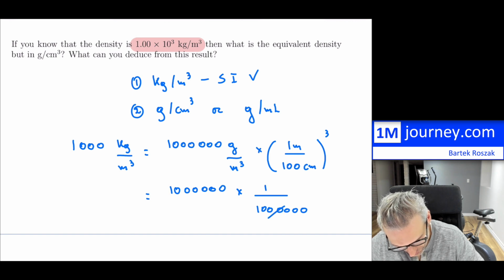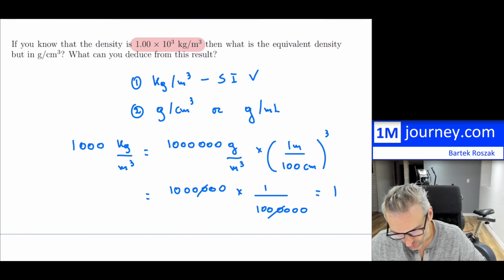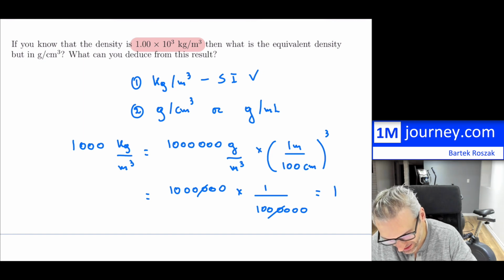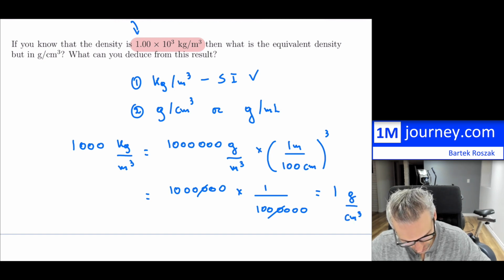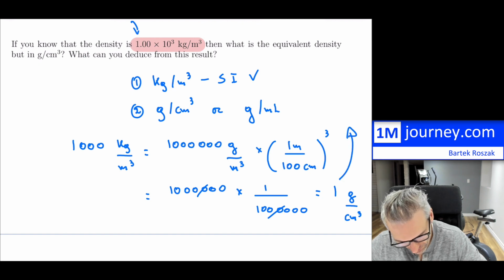Therefore these cancel, and really what you get back is 1, which is exactly what we started with. We started with 1 times 10 to the 3, and we get 1 gram per centimeter cubed. Be careful if you want to write this out. You can write it with 3 sig figs, which would be just this.